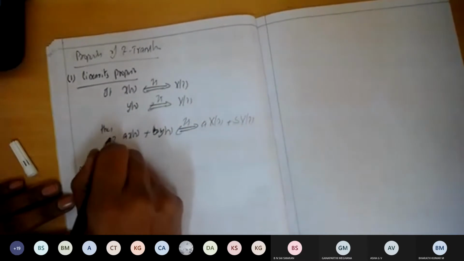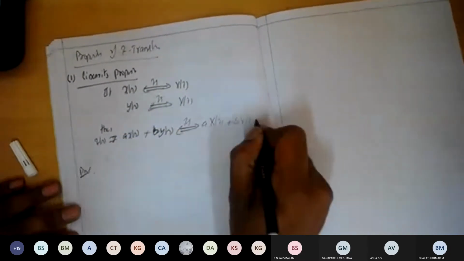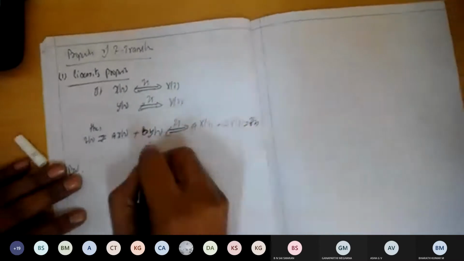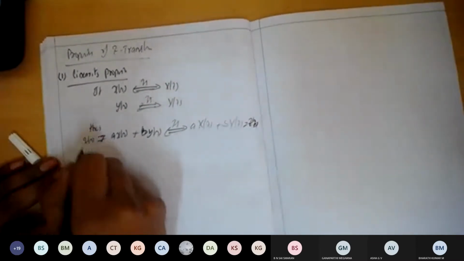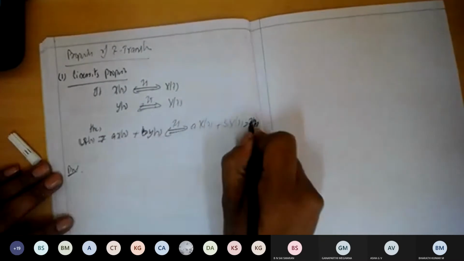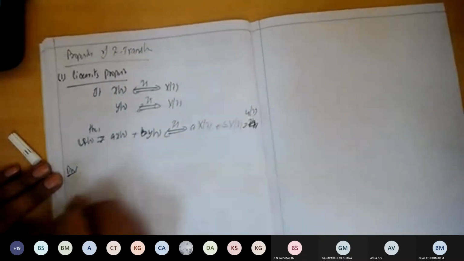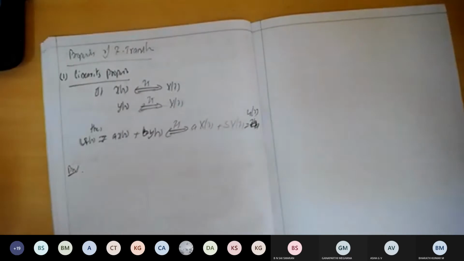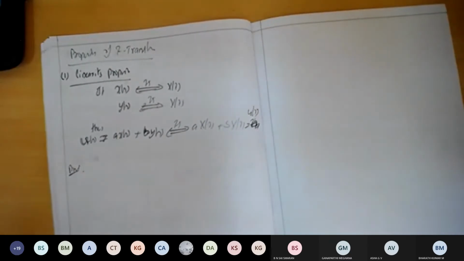Let us call a x of n plus b y of n as u of n, so its Z transform is u of z. We'll consider the Z transform of this.